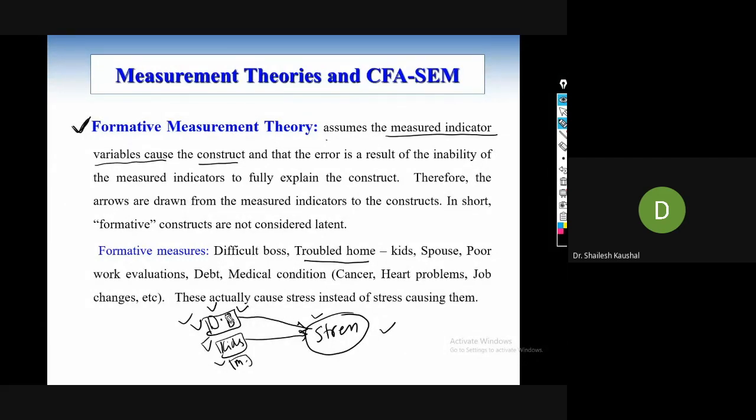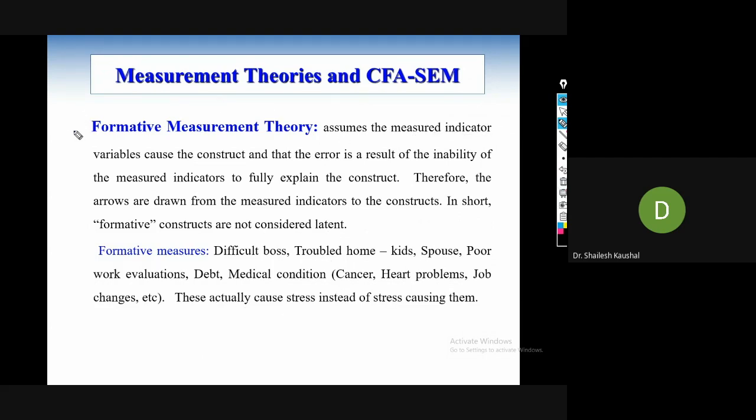Why is the arrow from this to this? Because these measured variables are formative, they are forming the stress. Formative constructs are not considered latent.